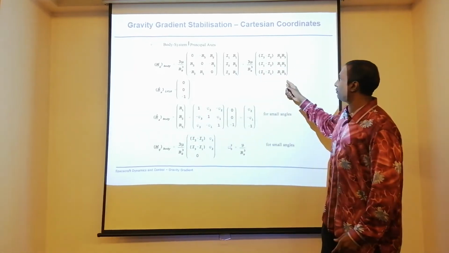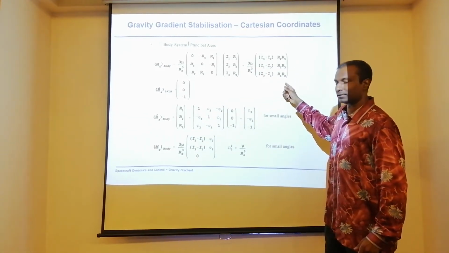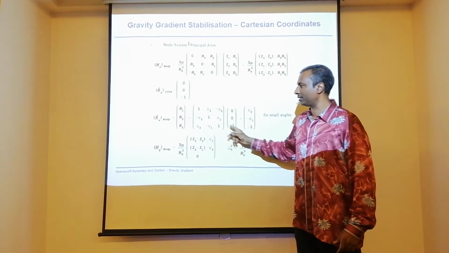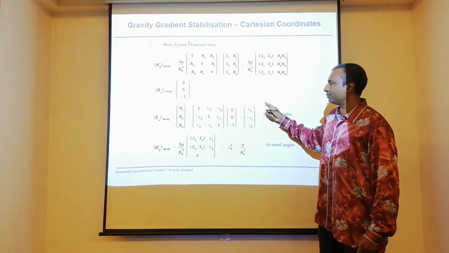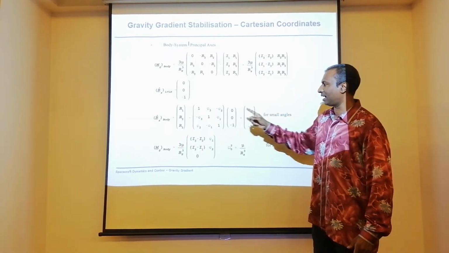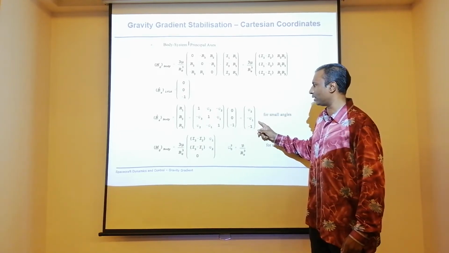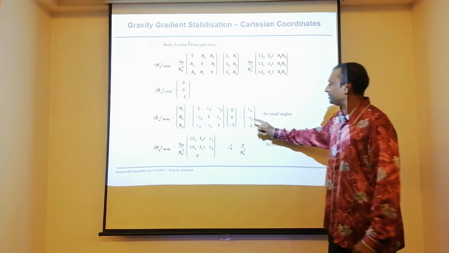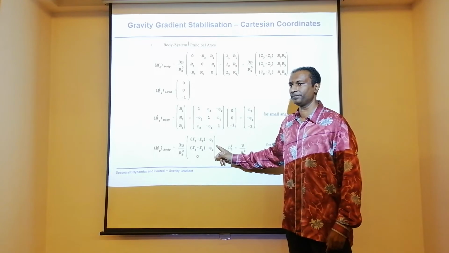So I'm going to transform this into a body coordinate: a 3 by 3 matrix, 3 by 1, 3 by 1. If I solve this, I have R1 is phi2, R2 is negative phi1, and R3 is minus 1. Inject back into here, I would have a very reduced form.